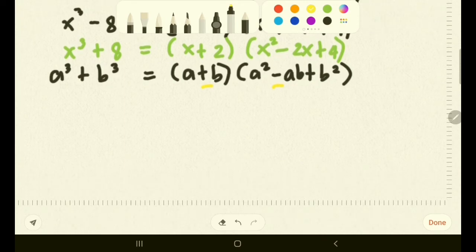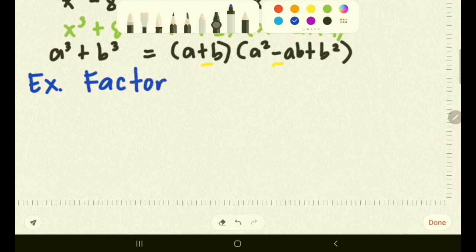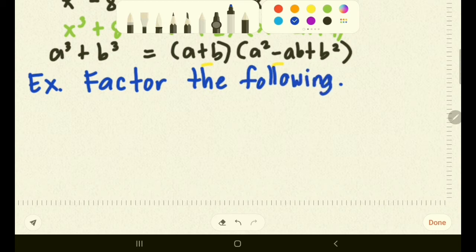Now, let's have examples. Okay, factor the following.